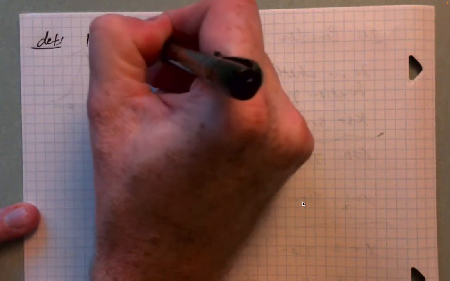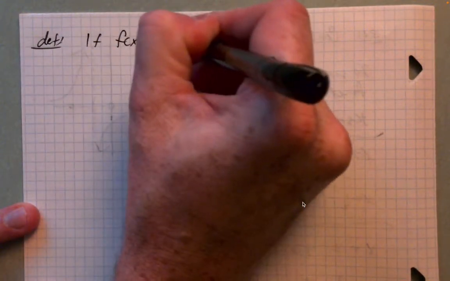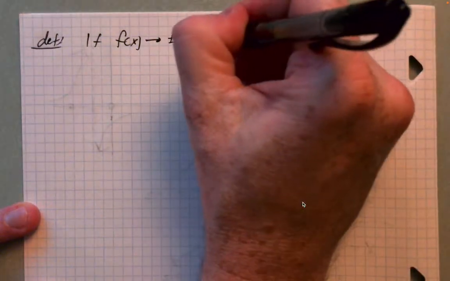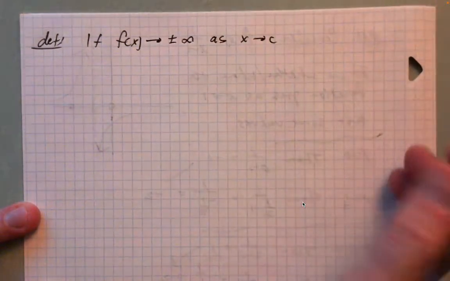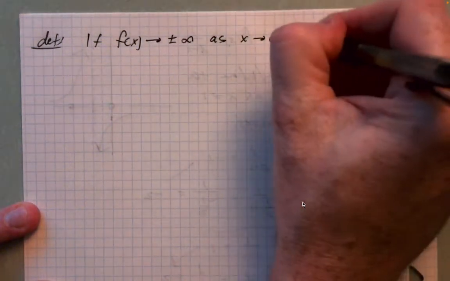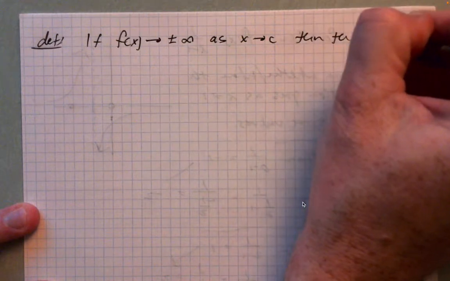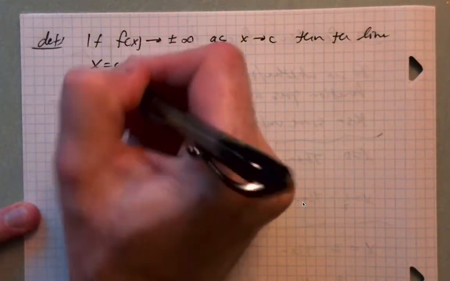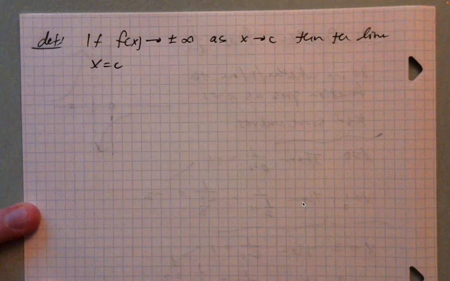And so even though we've been using this term, let's go ahead and formally define what we mean by a vertical asymptote. So if f of x approaches plus or minus infinity as x approaches c, then the line x equals c is a vertical asymptote of the graph of f.